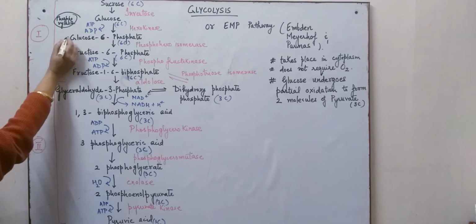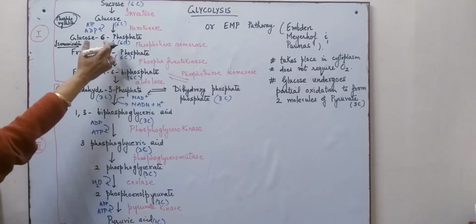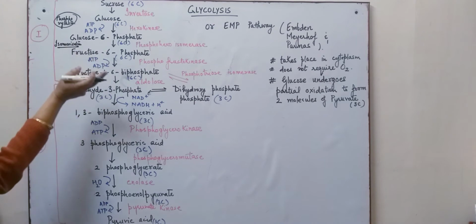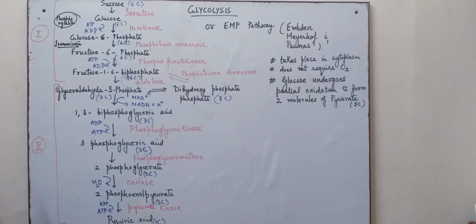So this step is isomerization, because here only the position changes, both are 6 carbon atom structures. We are starting with 6 carbon, and glucose 6 phosphate gets converted into fructose 6 phosphate in presence of enzyme phosphohexoisomerase, and this is isomerization.